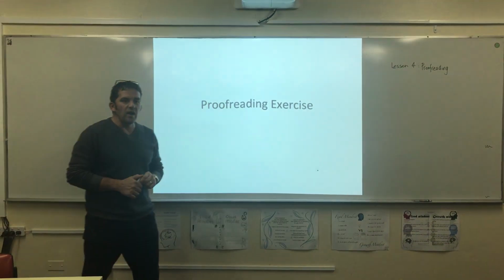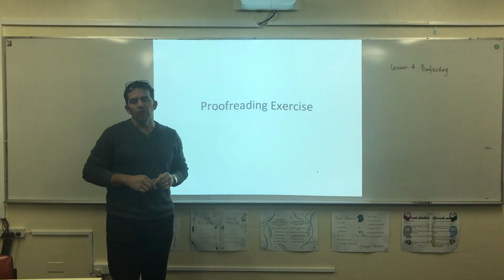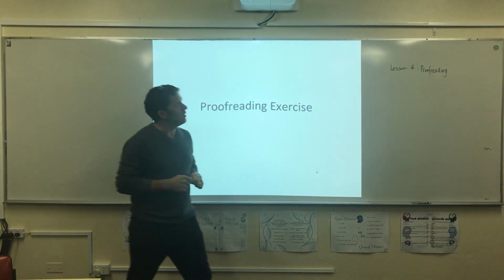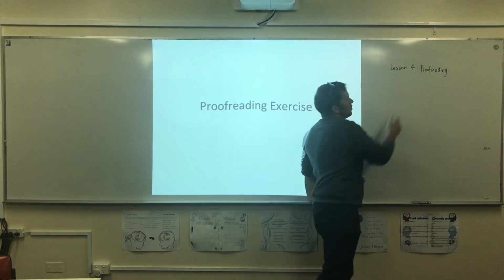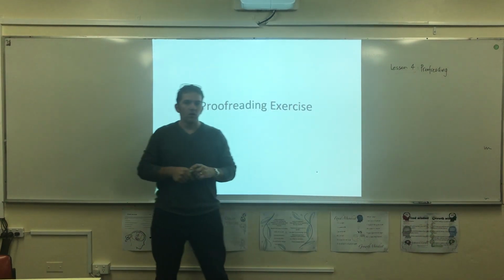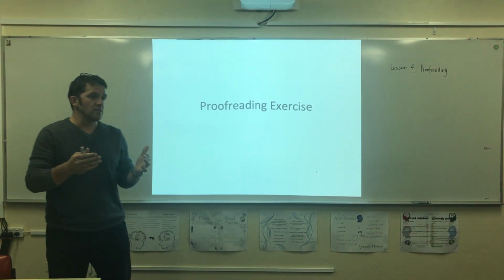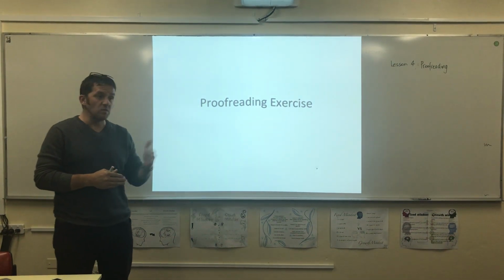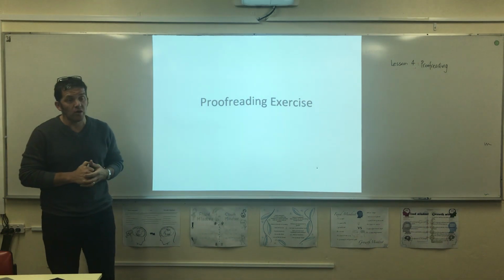Good morning. We are now in part 4 of our short lessons on proofreading. So we've built on looking for mistakes, some theory about articles and some examples. You've played a bingo game.